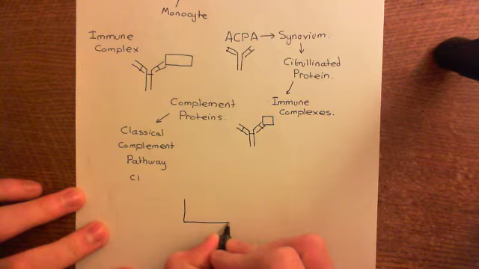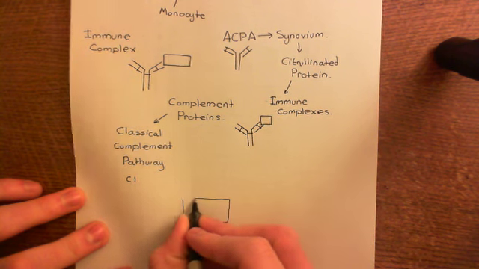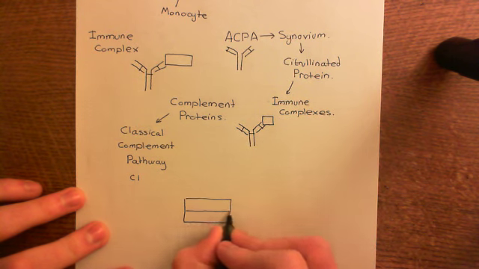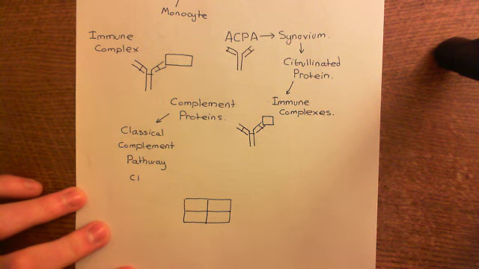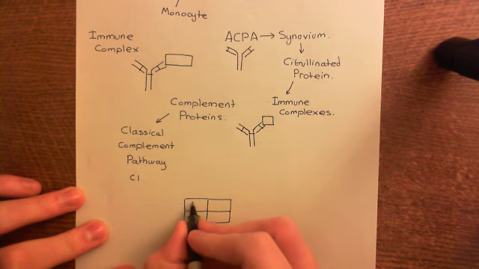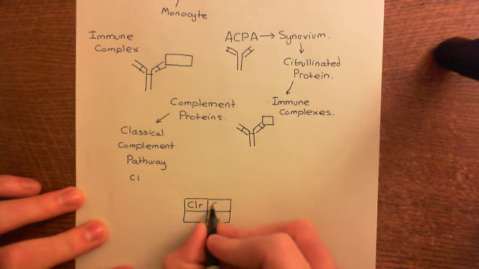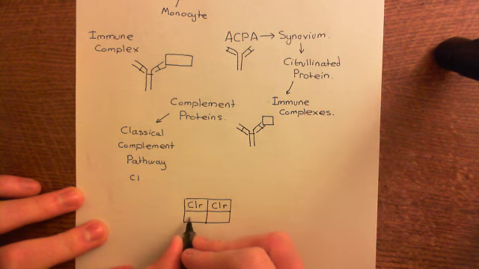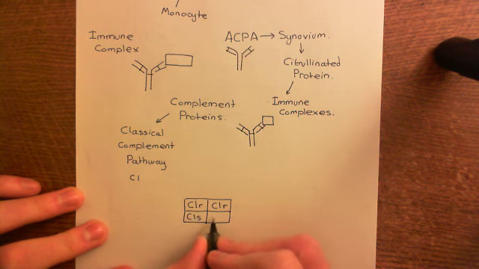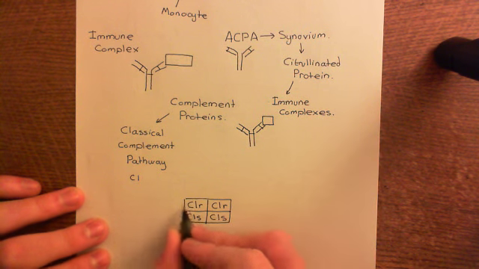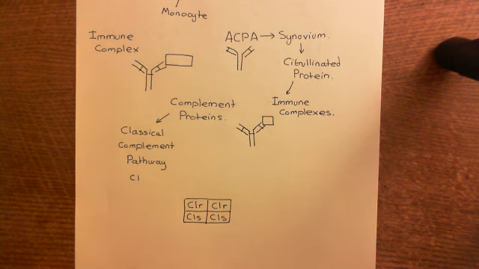So I'll start with the bottom down here, like so. At the base, what you have is two C1R proteins. So here are the two C1R proteins. And then you also have two C1S proteins. So you have this structure which is made up of two C1R proteins and two C1S proteins.